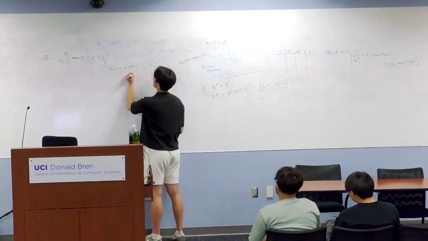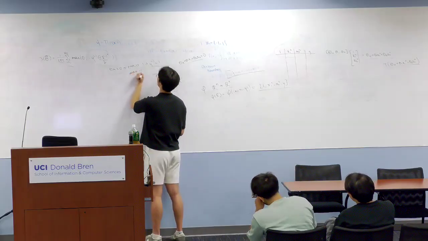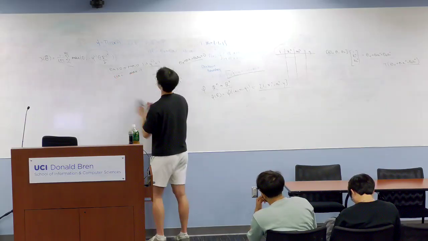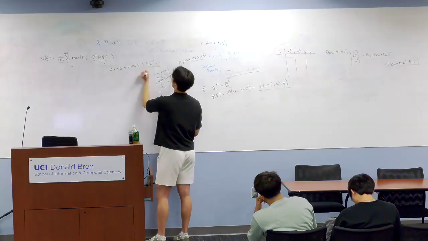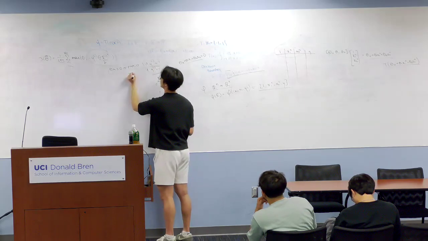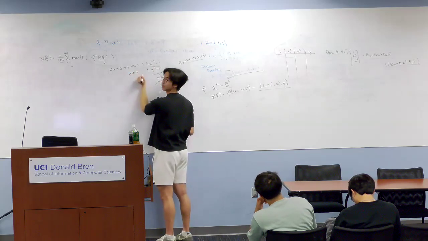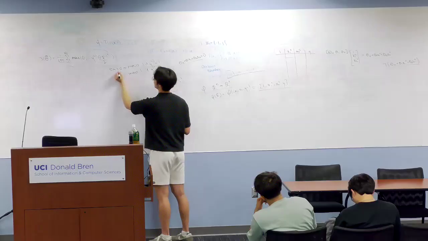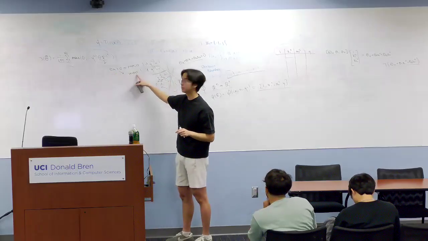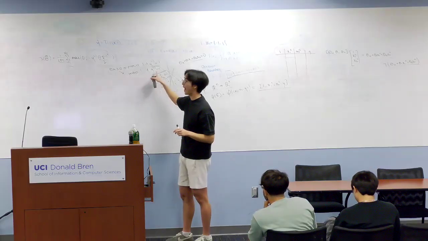Let's say yi is -1. Here I'm still predicting 1, because theta x is greater than or equal to 0, so my prediction was wrong.